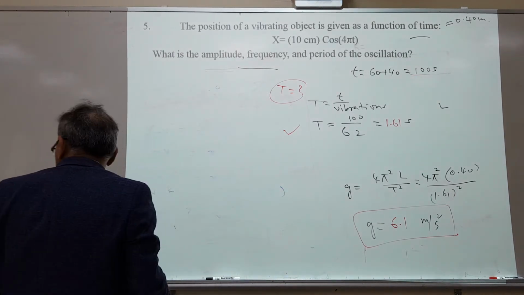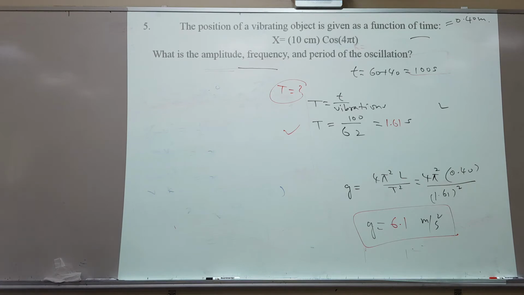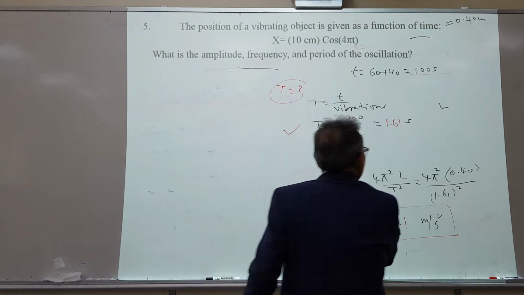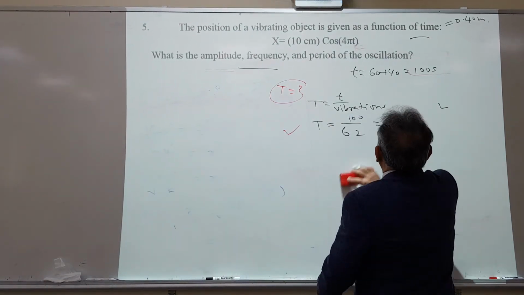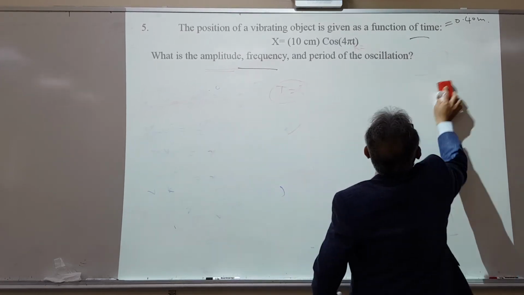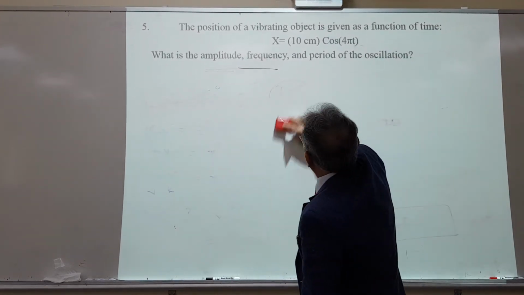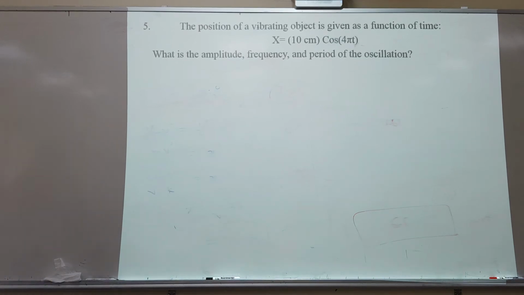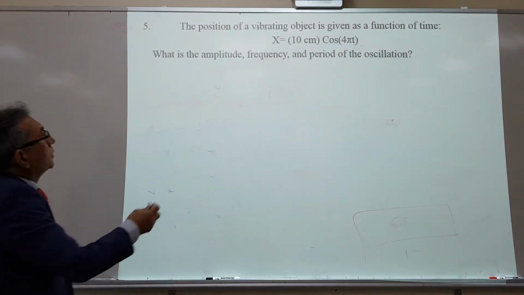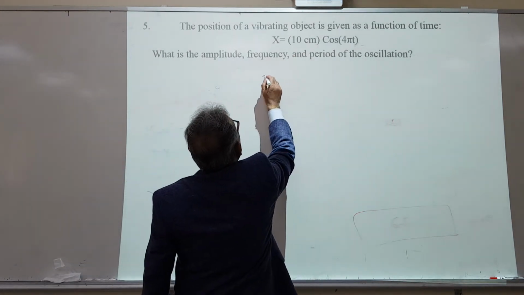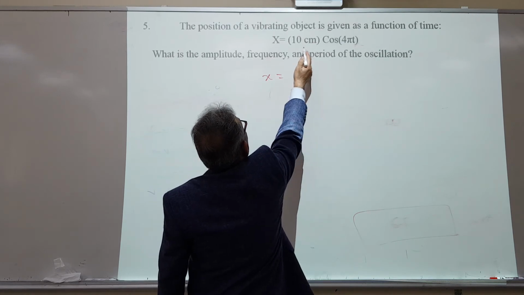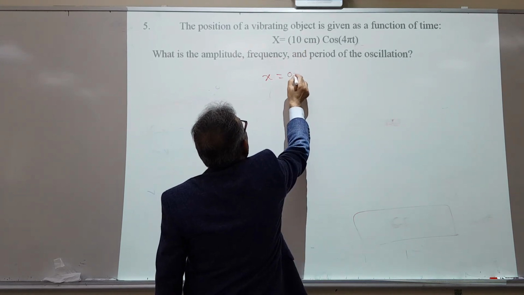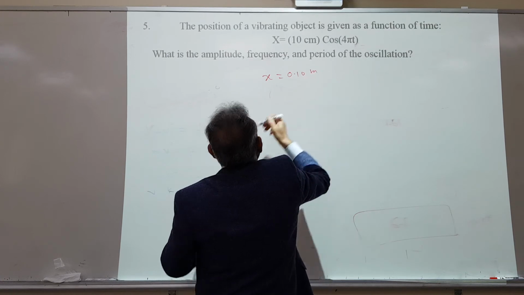Next. The position of a vibrating object is given, so the position function is given to you. This one I can write here. Divide by 100, it will be 0.1 meter.